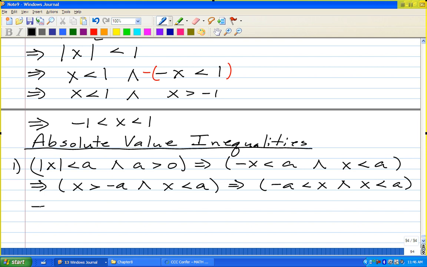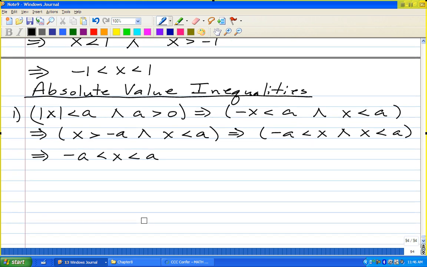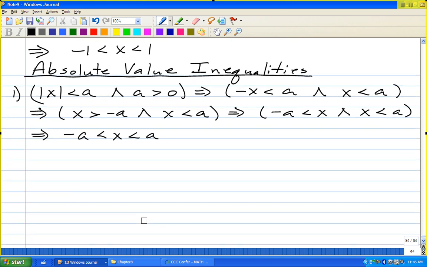And of course, if you wrote this as a three-part inequality, that would just say negative a is less than x is less than a. And so, to solve absolute value of x less than a, we just have that x is between negative a and positive a. Of course, assuming a here is greater than 0.